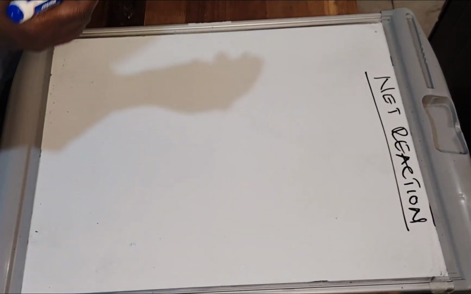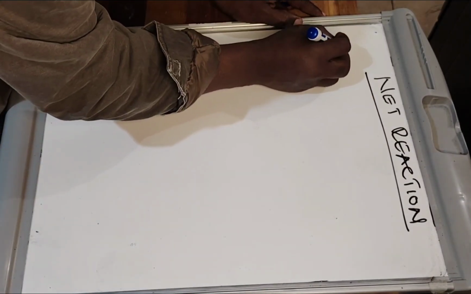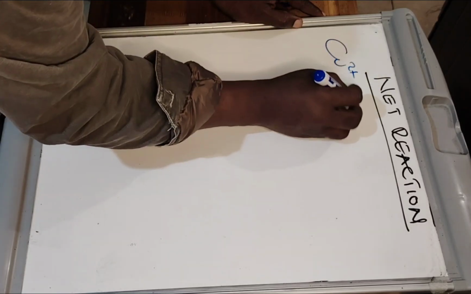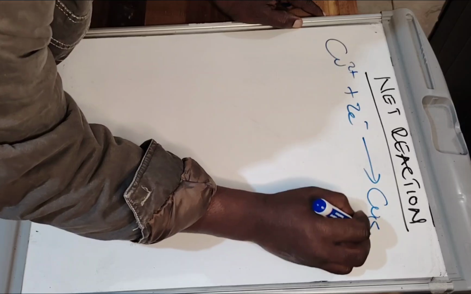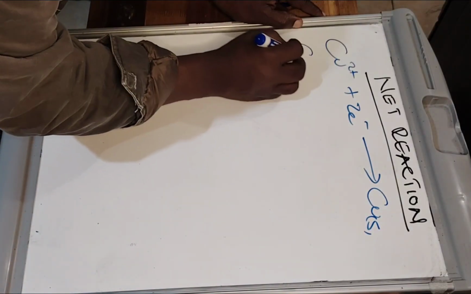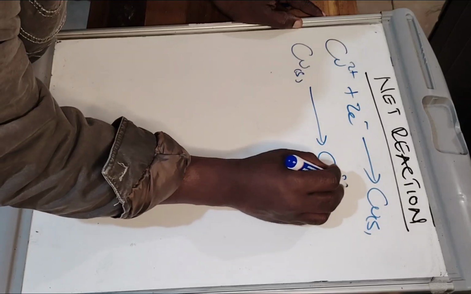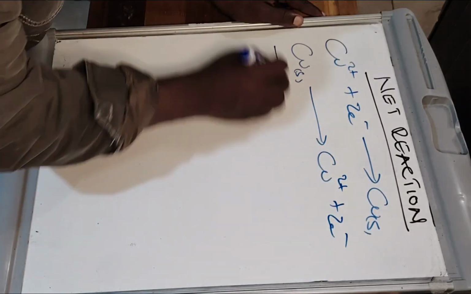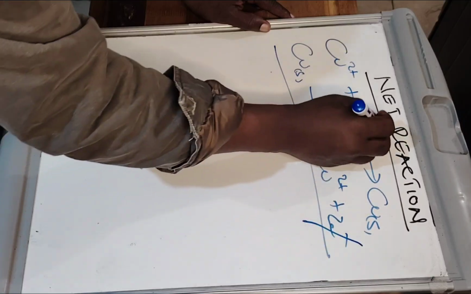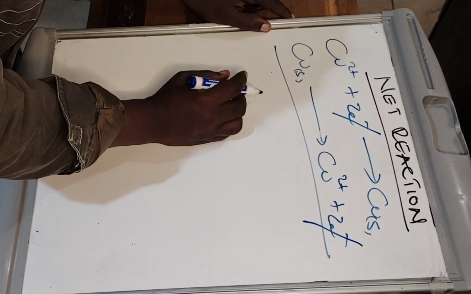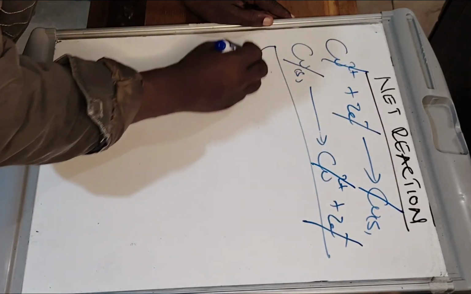Then comes the net reaction. We saw that at the cathode, 2 copper ions took up 2 electrons to become reduced to copper solid. And at the anode, there was oxidation of copper, giving you 2 copper ions plus electrons. When you get the net out of this one, it's the same situation. You cancel out the common electrons, but this one is also common, and this one is also common, giving you what?